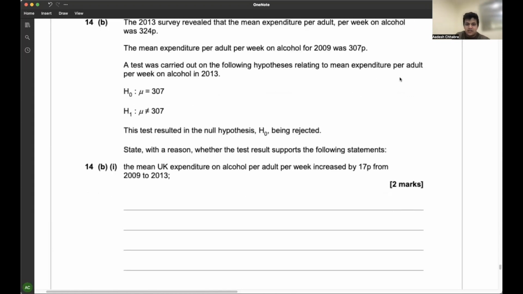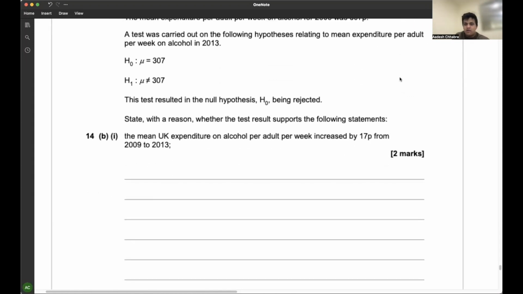So our first statement is that the mean expenditure on alcohol per adult per week increased by 17p from 2009 to 2013. Now, this is not supported. Why? Because all that this test does suggest is that the mean expenditure had changed, but it does not specify an amount. So our answer here is not supported.